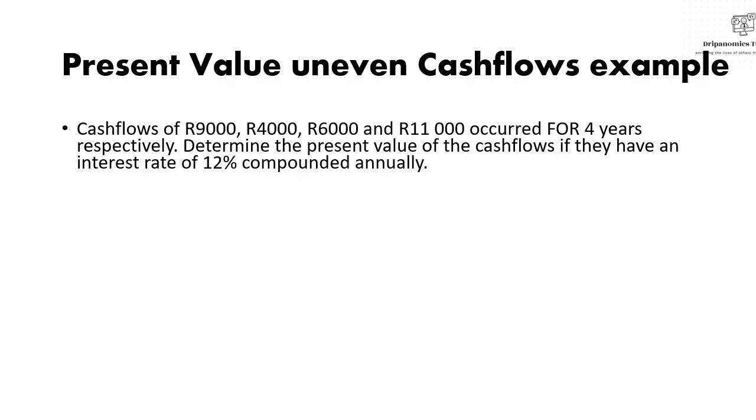So it would be CFJ 0, CFJ 1, CFJ 2, CFJ 3, CFJ 4, and so forth. Each cash flow, the CFJ must correspond with the year of each cash flow. So the 9,000 must be CFJ 1, the 4,000 must be CFJ 2, the 6,000 must be CFJ 3, and then the 11,000 must be CFJ 4.